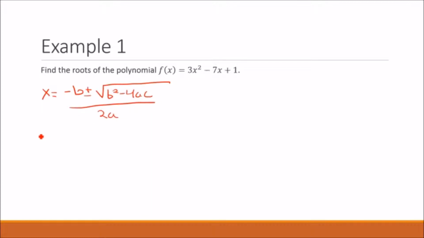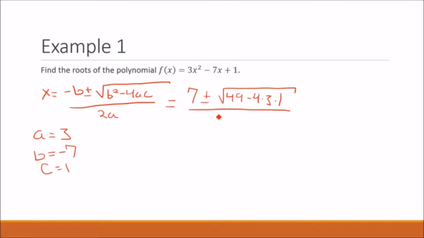Well, here we have a equals 3, b equals negative 7, and c equals 1. So x is equal to negative negative 7, which is 7, plus or minus the square root of b squared, which is 49, minus 4 times 3 times 1, all divided by 2 times 3, which is 7 plus or minus the square root of 49 minus 12, which is 37, all divided by 6.